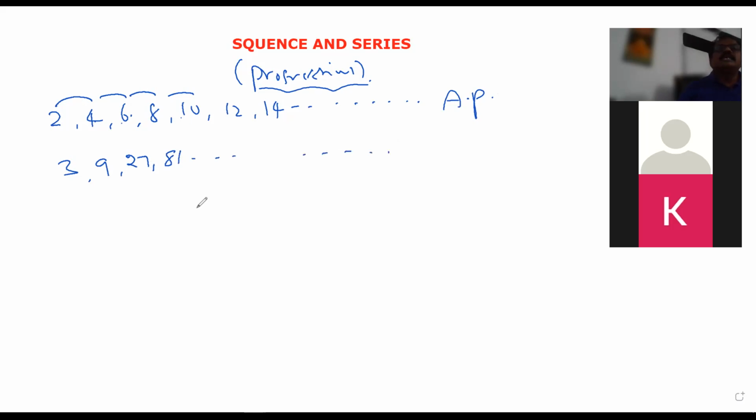See this, here it is a division: 9 divided by 3 is 3. So this is the geometric progression. Arithmetic progression and geometric progression. When the common difference is the same, that is called arithmetic progression. When the common ratio is the same, that is called geometric progression.